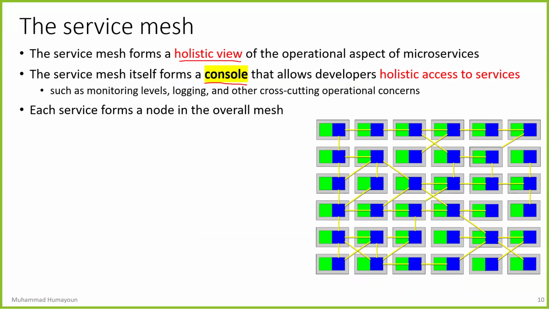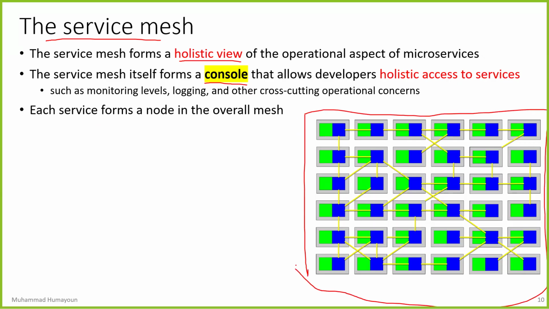We want a holistic view of how things are happening. For that, we can use something called service mesh. Each service forms a node in the overall mesh, and through the service mesh, you can look at some consoles to see how everything is looking for your system. So the service mesh forms a holistic view of the operational aspects of your microservices system, the system that is based on microservices.